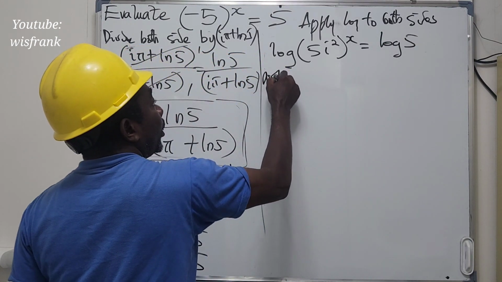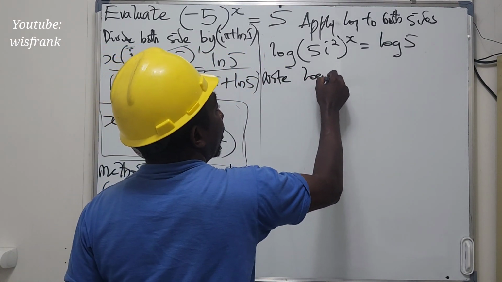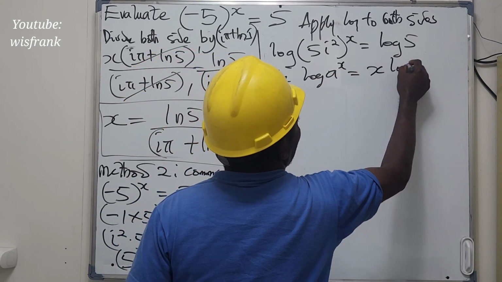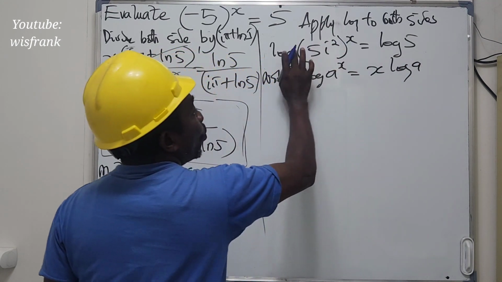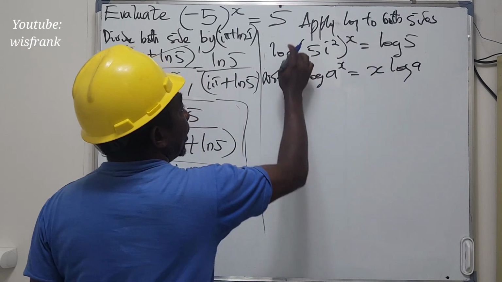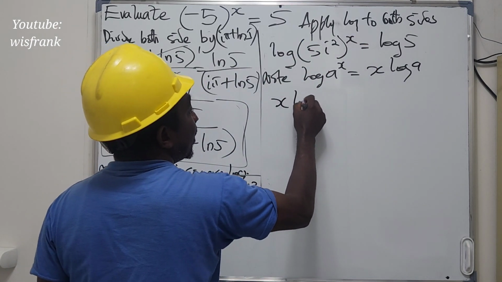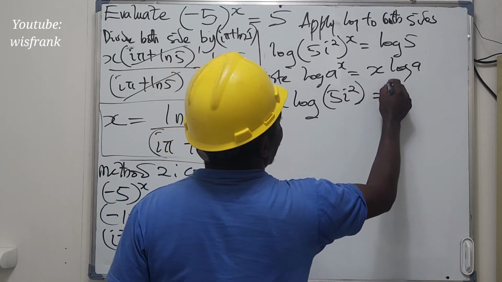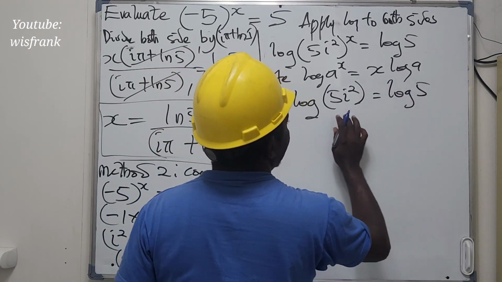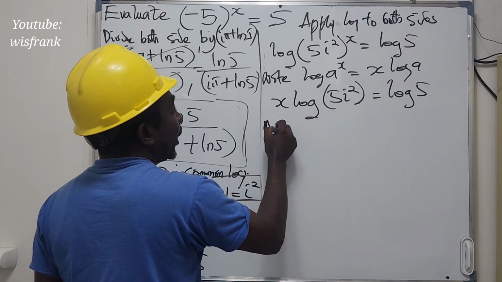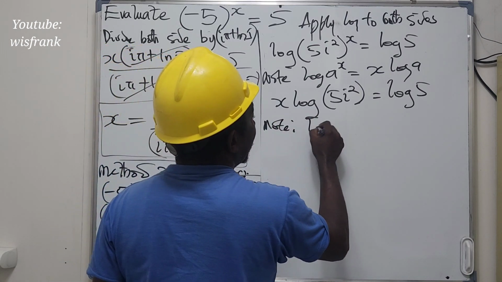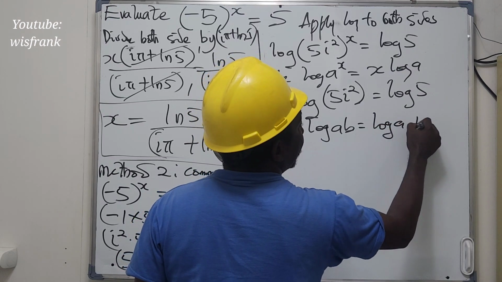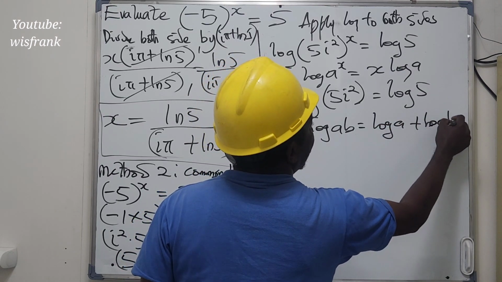We recall that log a^x is the same thing as x log a. So we express this in this format: x log (5i^2) equals log 5. And also recall that log ab is the same thing as log a plus log b.